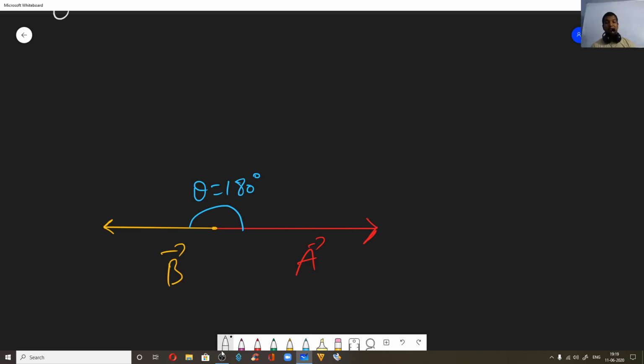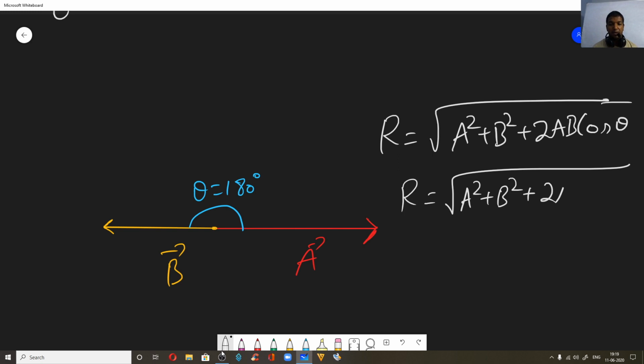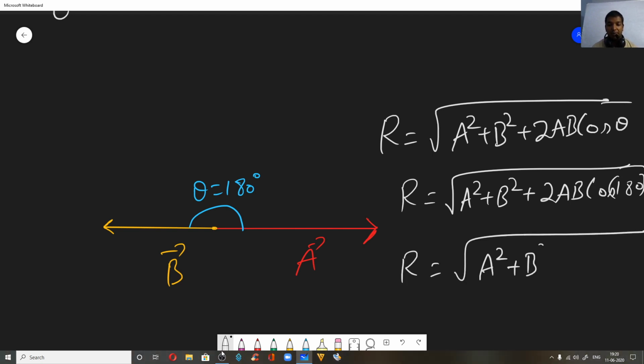Now the angle between them, clearly you will see is 180 degrees. Now let us use the formula here. R is root of a square plus b square plus 2ab cos theta. Now cos 180 is minus 1, so this will be a square plus b square minus 2ab.